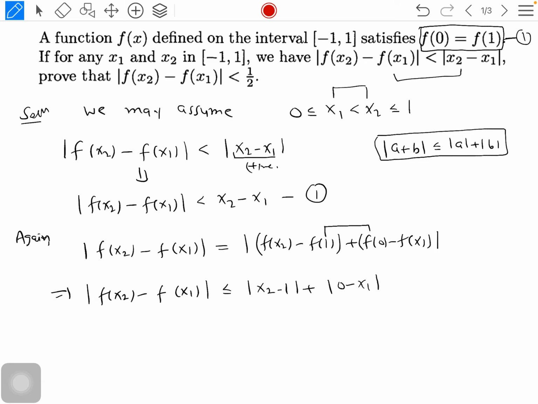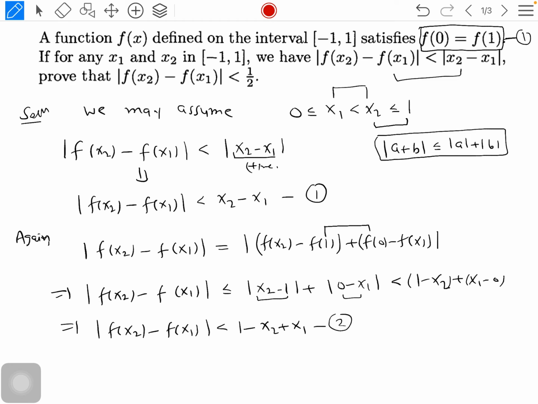But 1 is greater than or equal to x2, so this quantity is negative, and x1 is greater than or equal to 0, so this is less than 1 minus x2 plus x1 minus 0. Therefore mod of f(x2) minus f(x1) is less than 1 minus x2 plus x1. This is the second result.